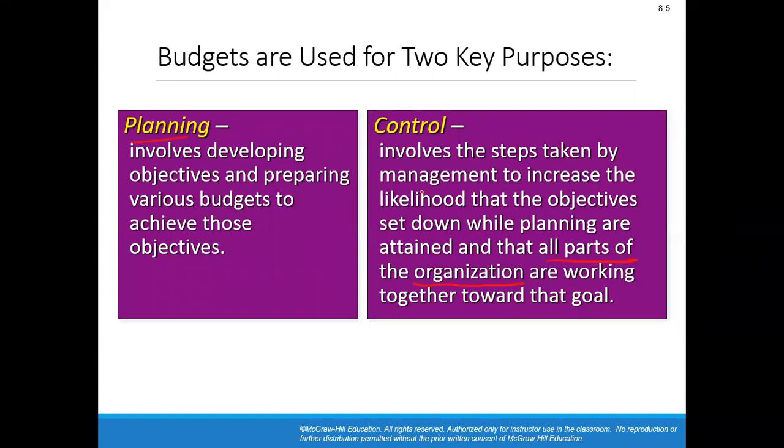So budget is a way that helps us for the controlling purpose, so that management can make sure that the organization, or all the functions and divisions, have adequate resources so that they will be working for achieving the goal.